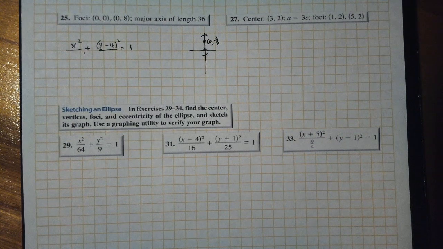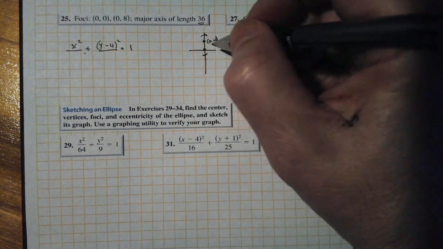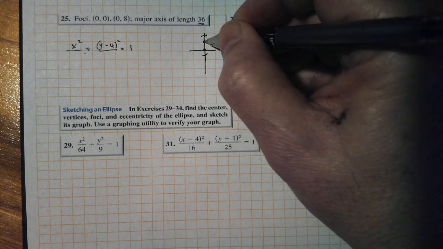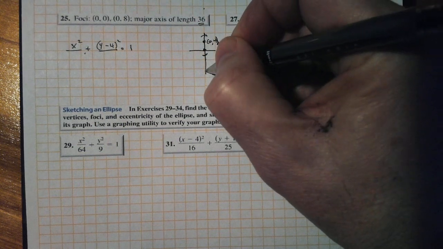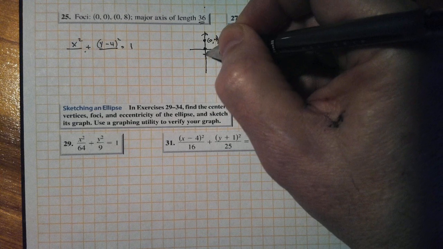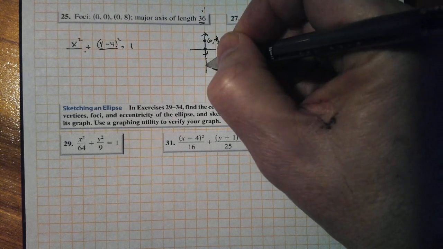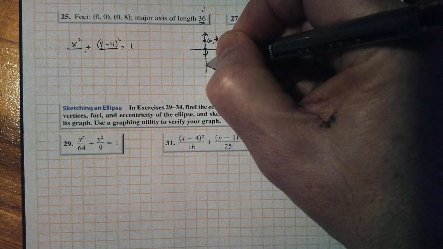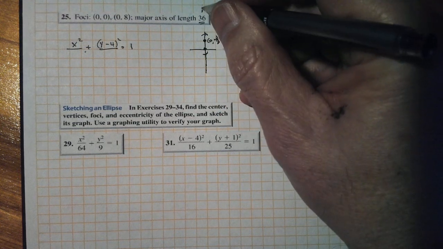The next piece of information is the major axis is length 36. That means from the center I go up 18, down 18. I wasn't even close with where these curves are. Up 18 from here to be up 22, down to negative 14. I'm not going to draw it. What that tells me is that the distance to the vertex from the center is 18.